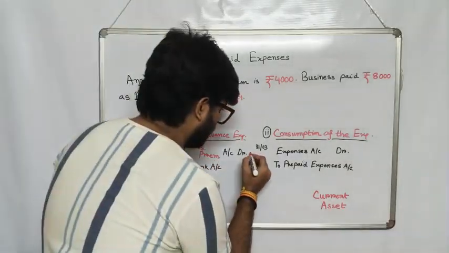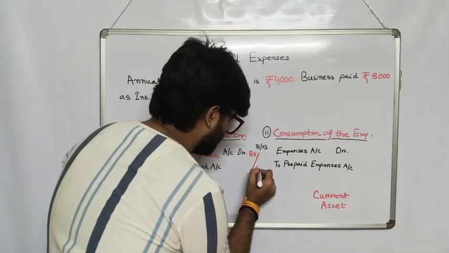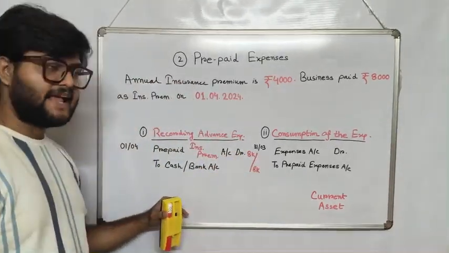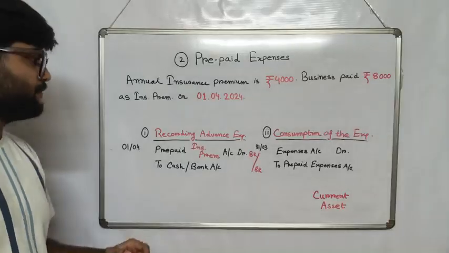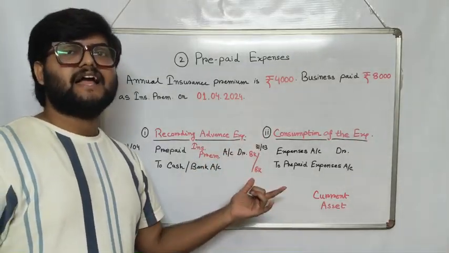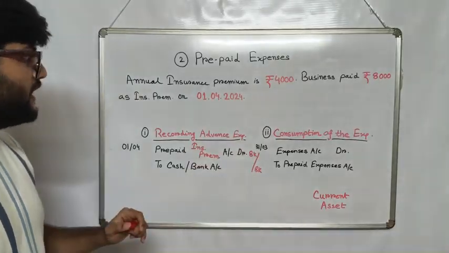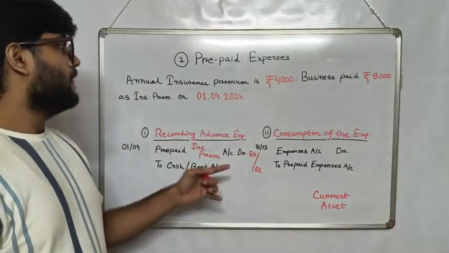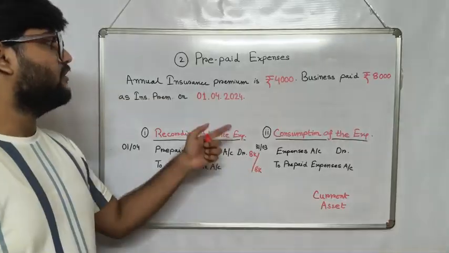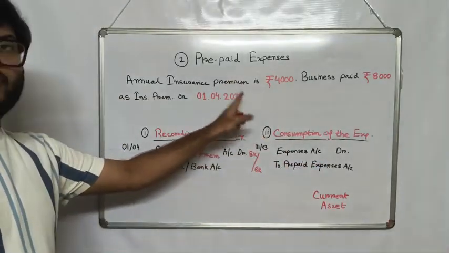That would be the exact amount that has been paid by the business, that is 8,000. Now at the end of the relevant accounting period, that is 31st of March, only the expenses of this year will be shown there, that is rupees 4,000.